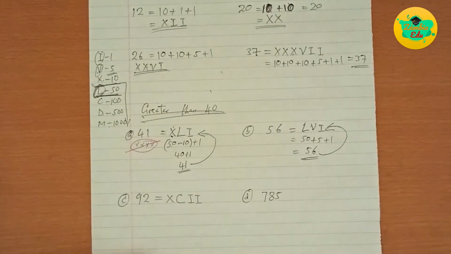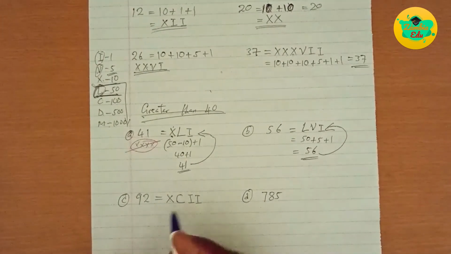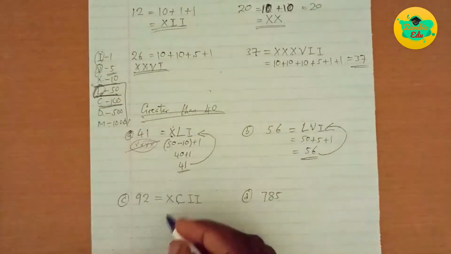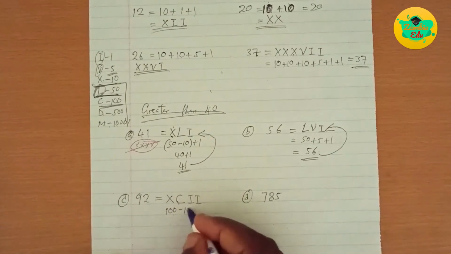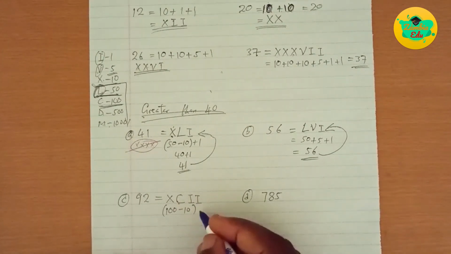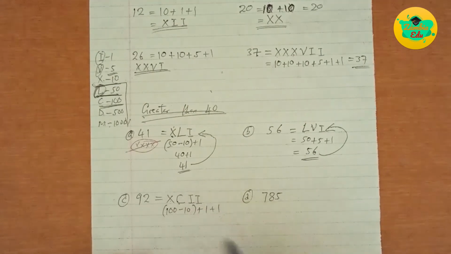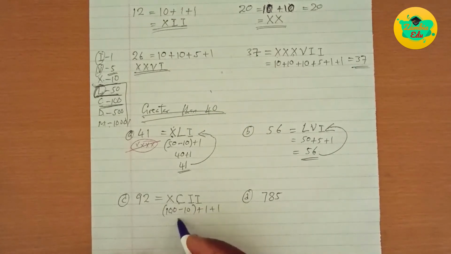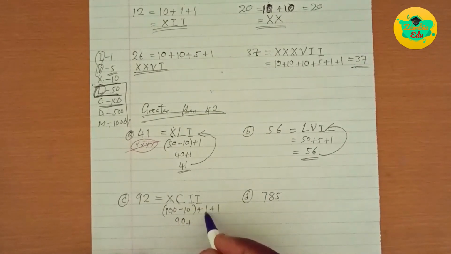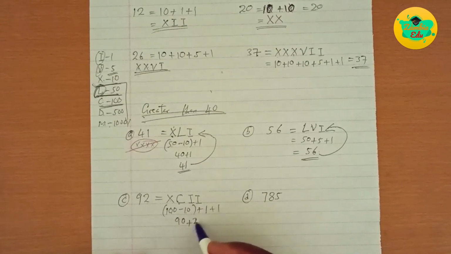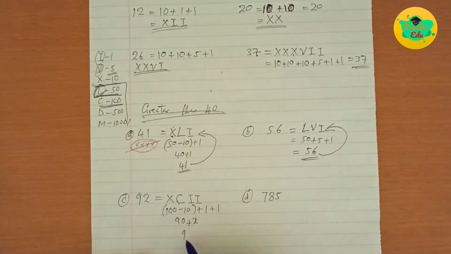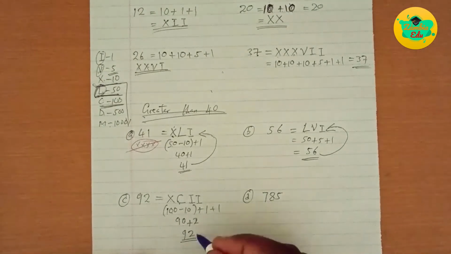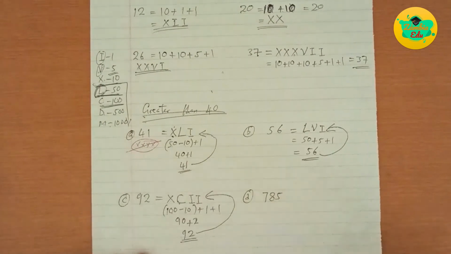What does this mean? So XC, we know C is 100. So what it means is 100 take away 10, then plus 1 plus 1. That's the II. 100 take away 10 is 90 plus 1 plus 1, which is a 2. And we have 92 as our final answer. So this is the same as this.